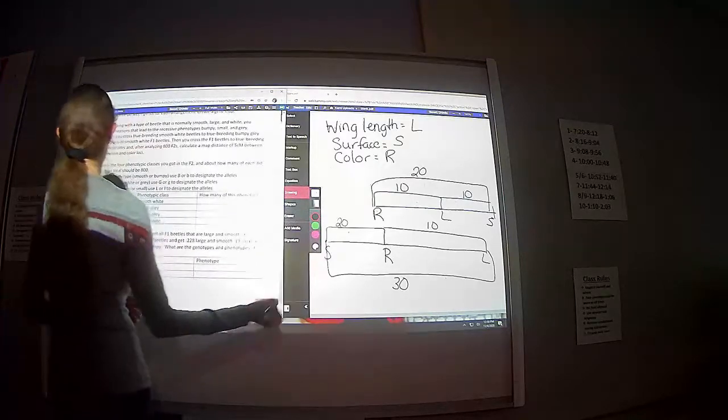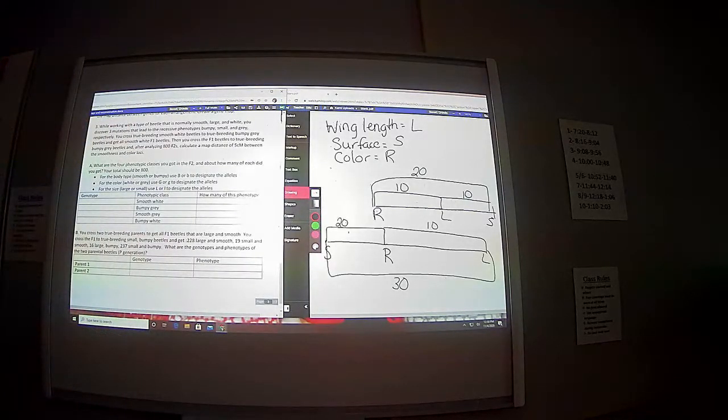Okay, and now we are on to, I think, question number 3, which is the last question, and thank goodness. It's a shorter one, I think. So while working with a type of beetle that is normally smooth, large, and white, we have 3 traits there, you discover 3 mutations that lead to the recessive phenotypes bumpy, small, and gray, respectively.